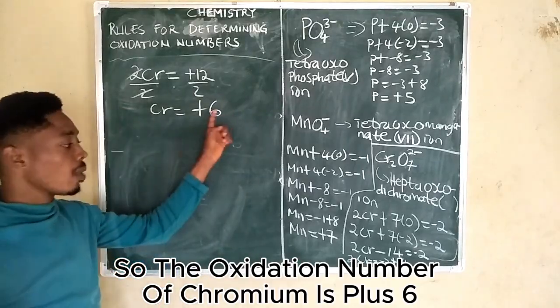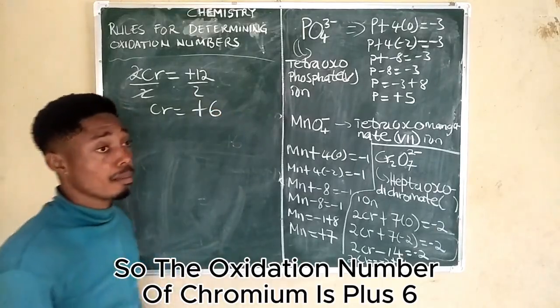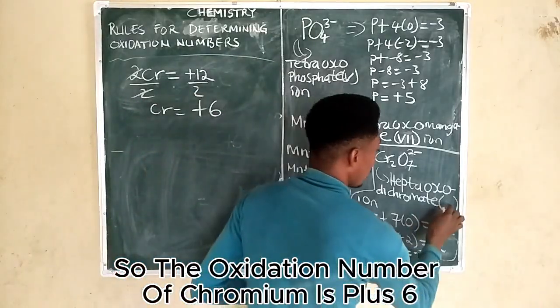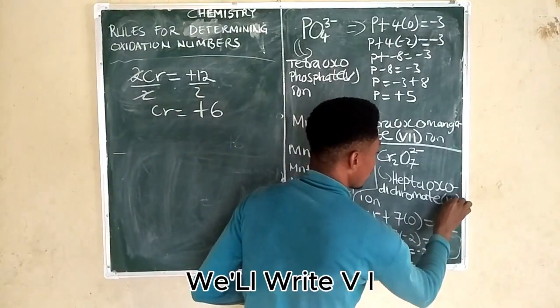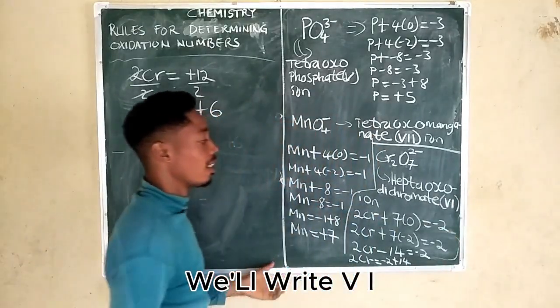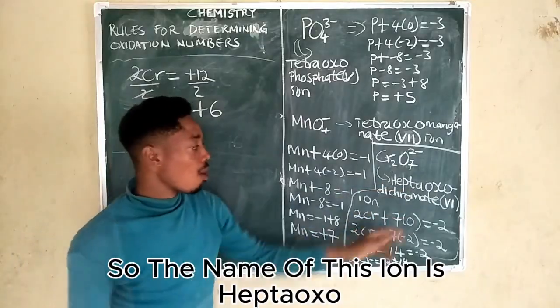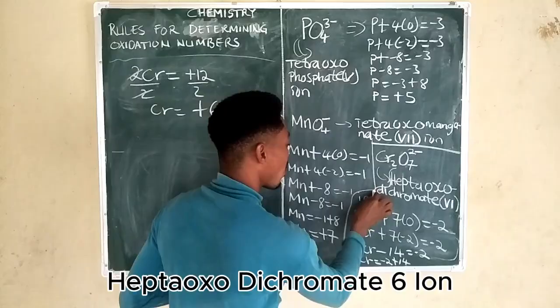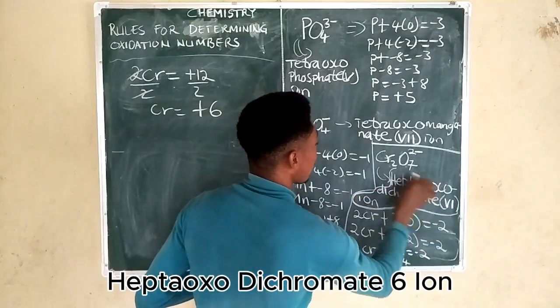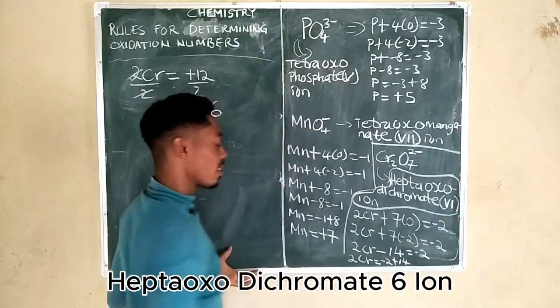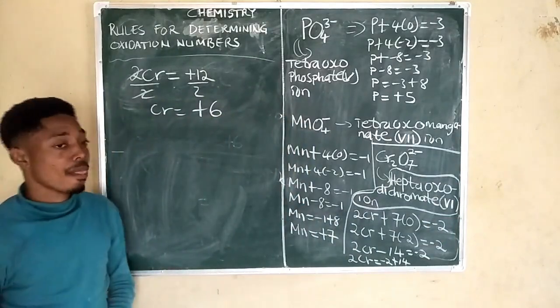So the oxidation number of chromium is plus 6, but we won't write plus 6, we'll write VI. So the name of this ion is heptaoxodichromate 6 ion.